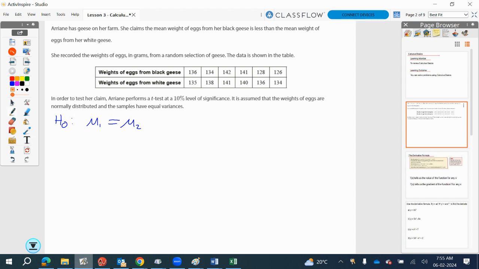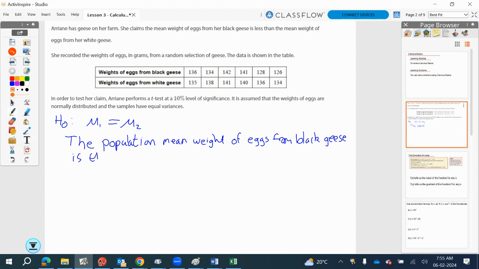So what we need to say here is the population mean weight of eggs from black geese is the same as from the white geese.